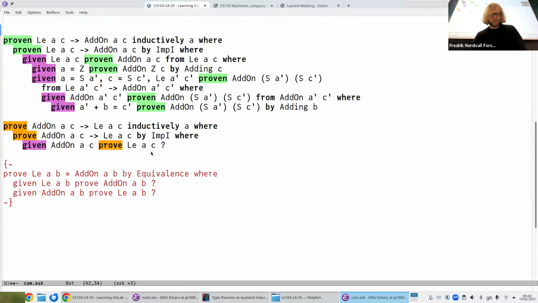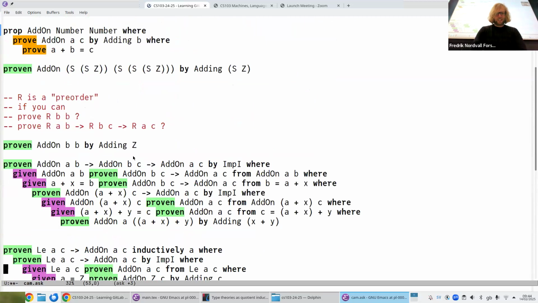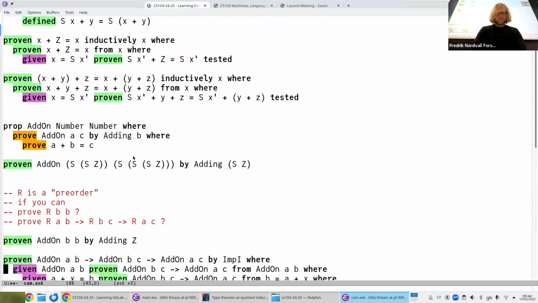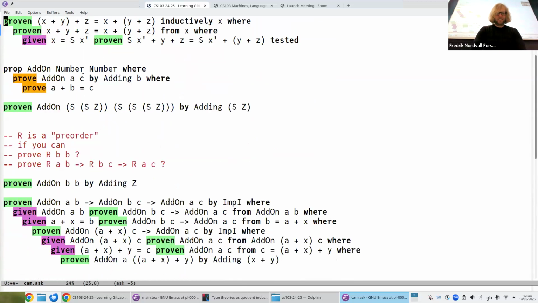Okay, so, well, I also have one more thing I can do. I can actually look at A and C, right? Which might be a good idea here. So should I do this? So I remember that the less than relation is kind of first looking at the first argument, right?